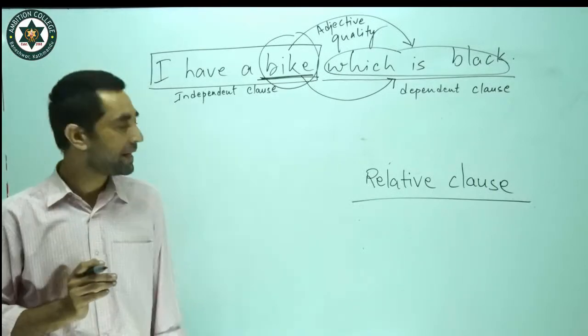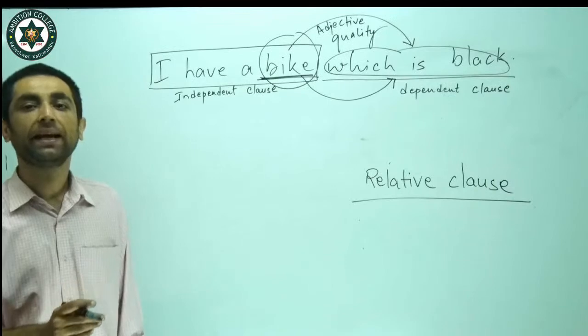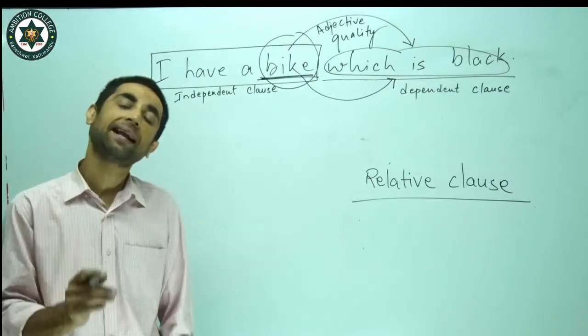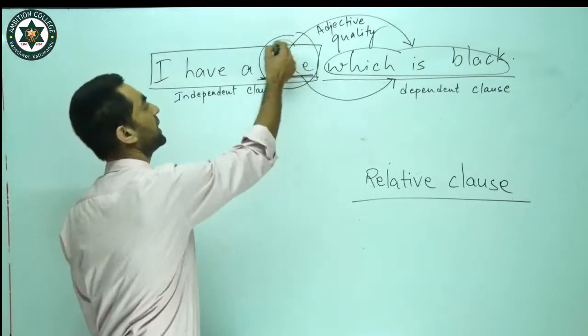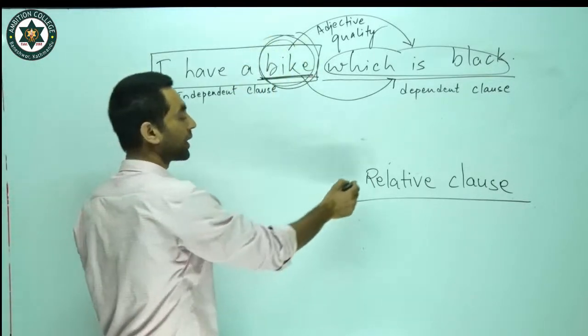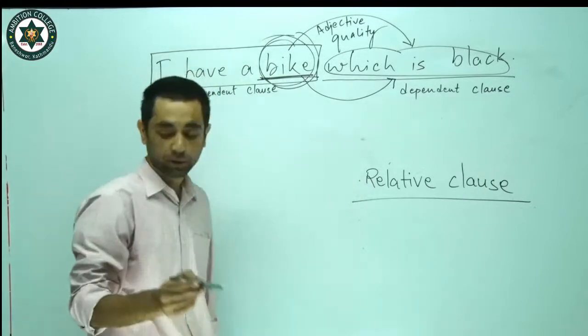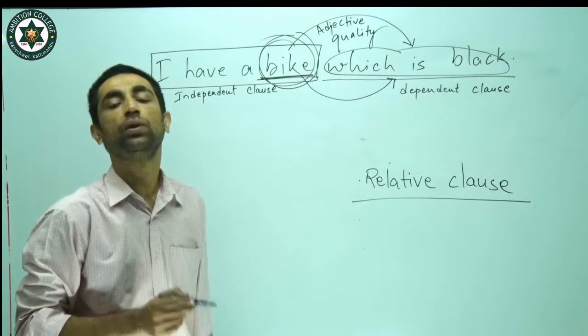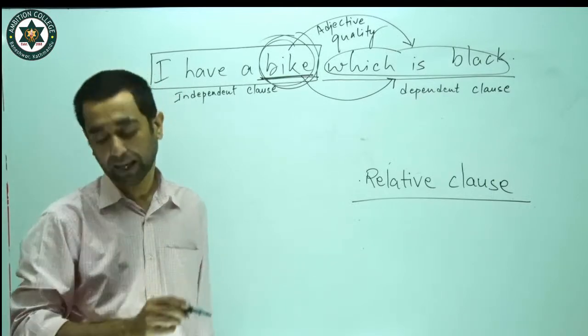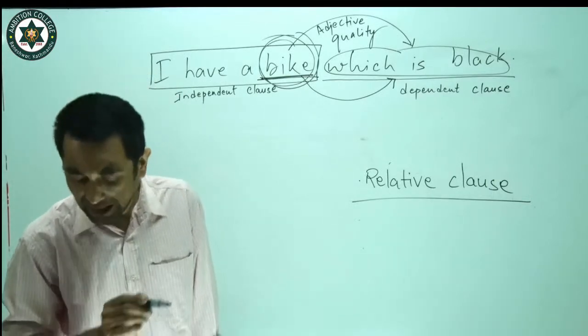That clause is explaining, telling us, elaborating the quality of this bike. So relative clauses are those clauses which are used to describe the noun.